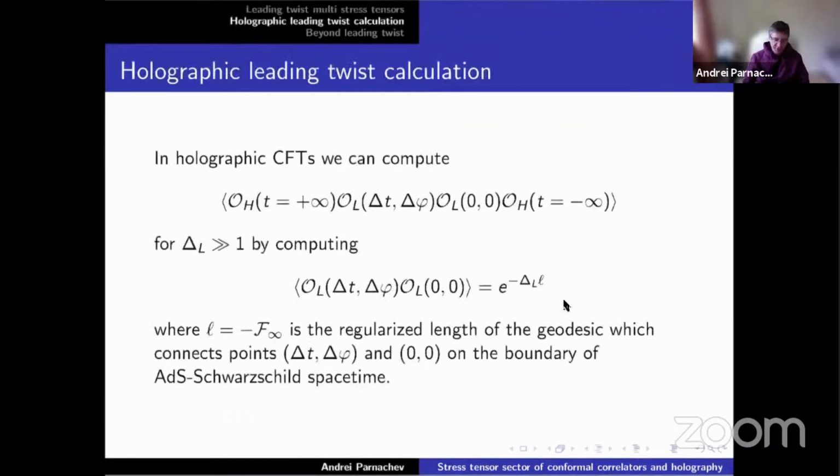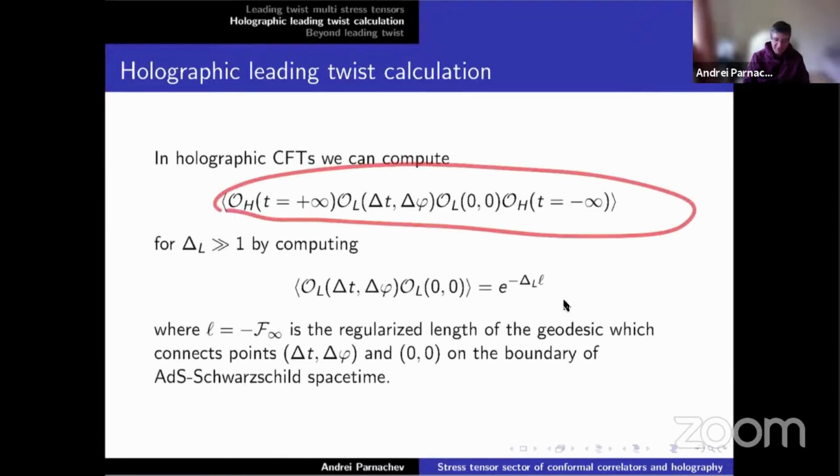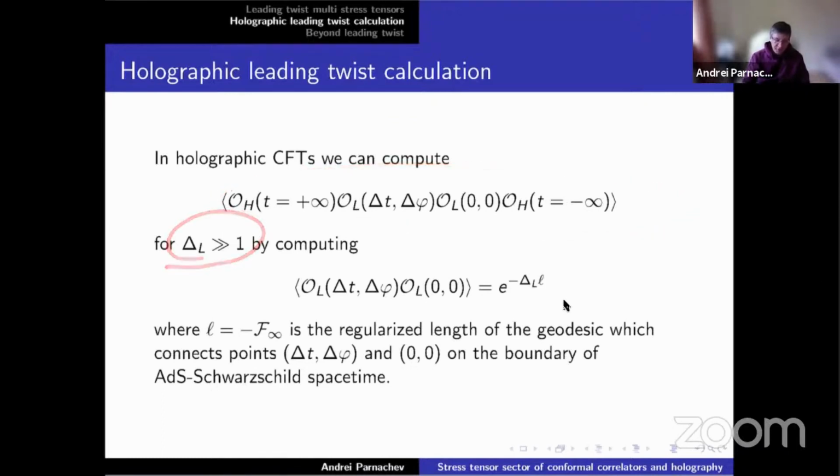Now, it turns out that you can do a simple holographic computation which reproduces this bootstrap result and gives you even more. And this is just a statement that in holography, the heavy-light correlator for large delta, you can compute by just computing the length of a geodesic which connects the two points separated by delta t and delta phi on the boundary.